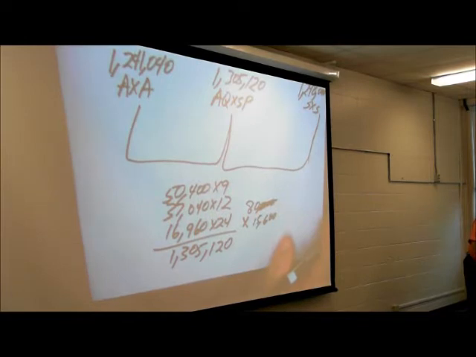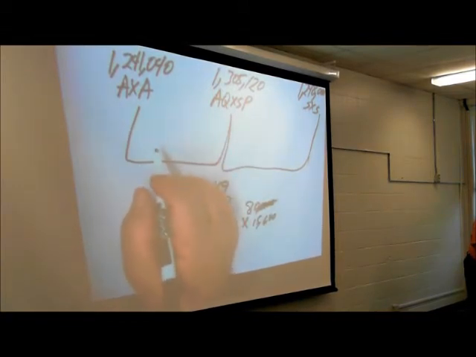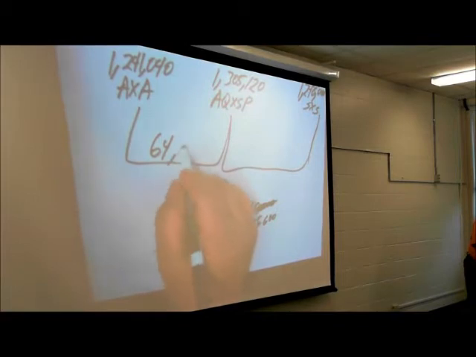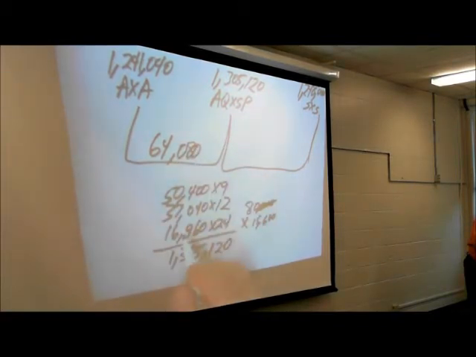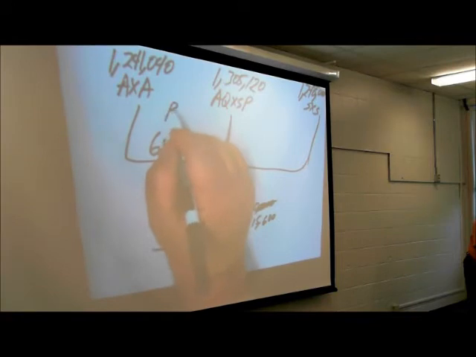So we can say that the materials price variance is what here, 64,080? Is that correct, Matt? Favorable or unfavorable? Favorable. And that's your price variance.